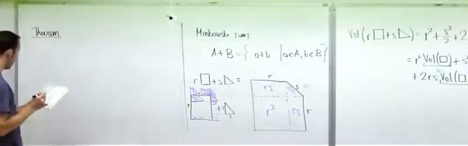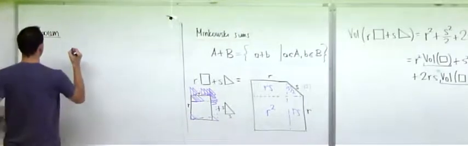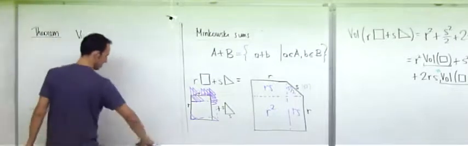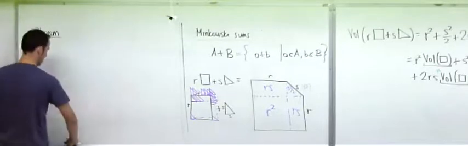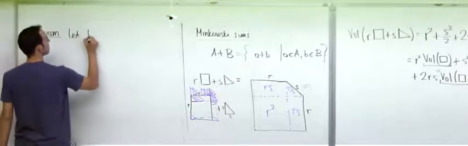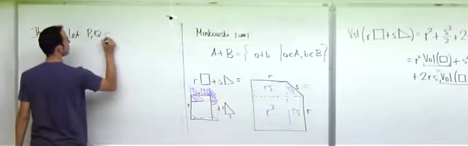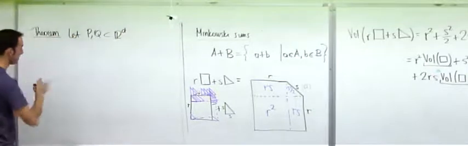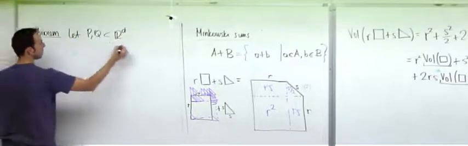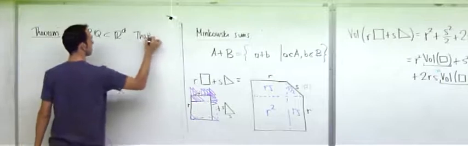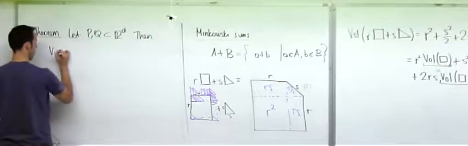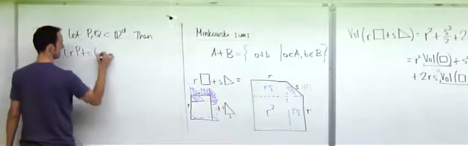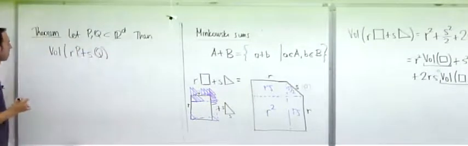So theorem: let's say that you take P and Q polytopes in R^D, and you consider the volume of R times P plus S times Q. Okay.